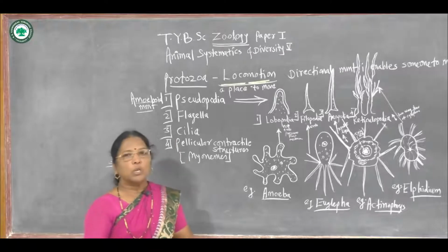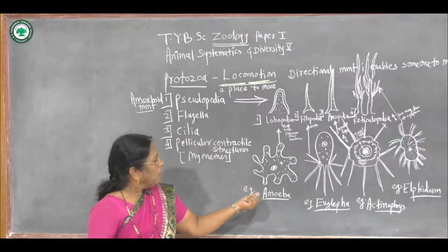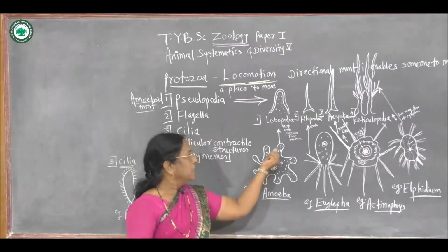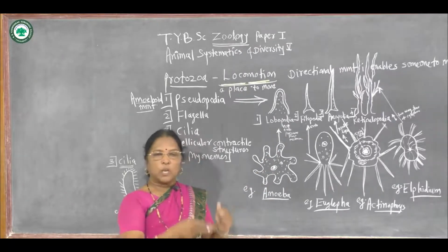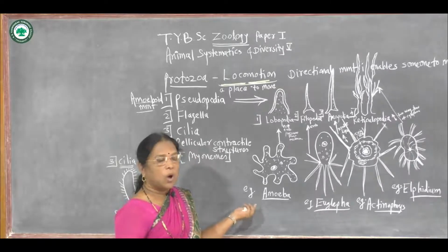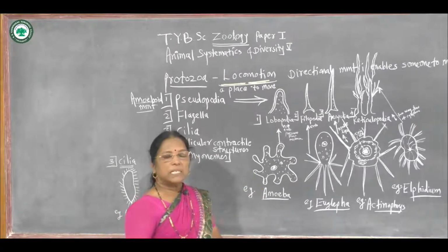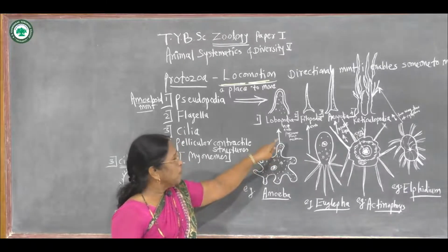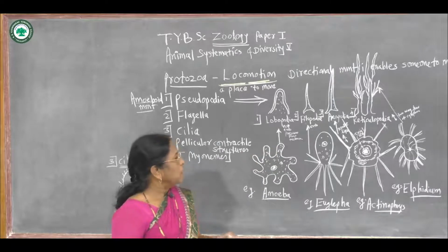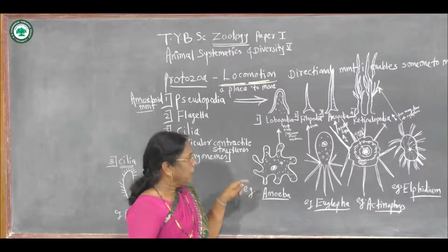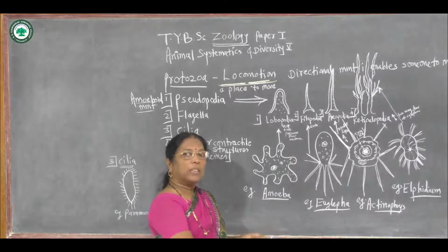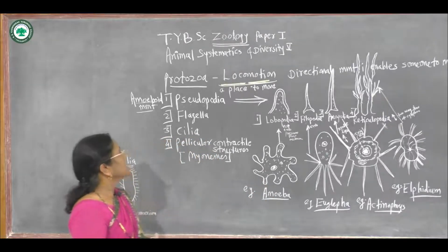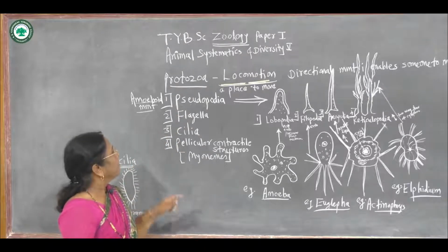When the animal wants to move for some period, the pseudopodium supports the substratum or any place, and there is first an adhesive secretion, and then the pseudopodium is formed due to the pressure flow of cytoplasm, and then the body is lifted in that direction and the animal moves forward and forward. This is the locomotor organ pseudopodia.